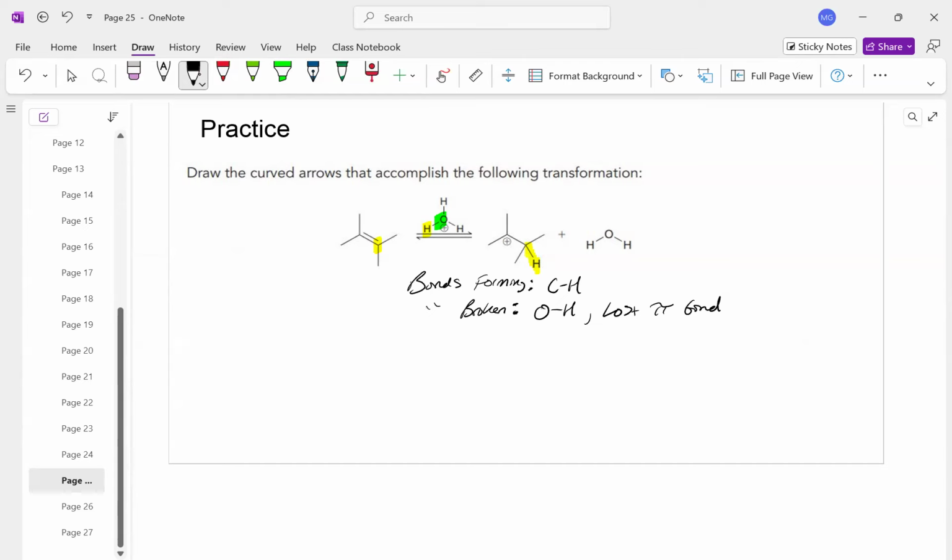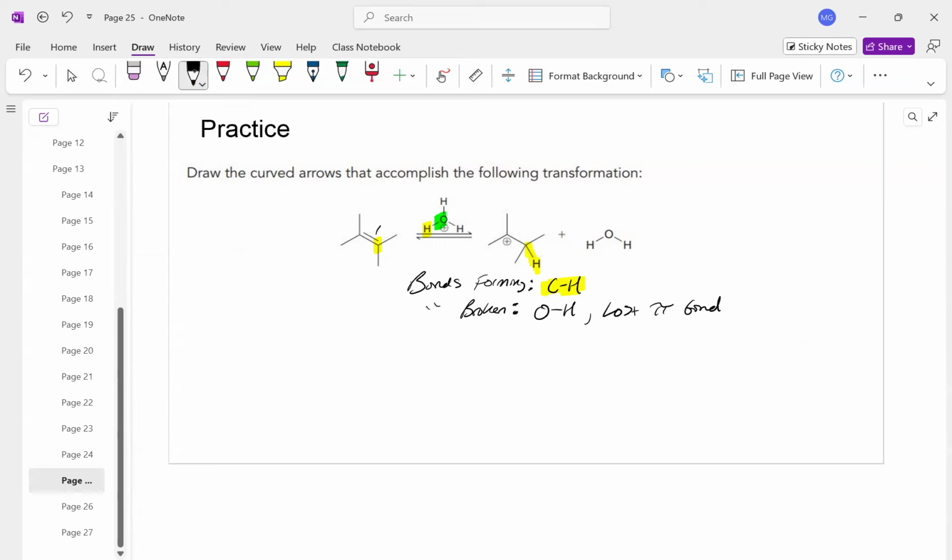Okay. So how am I going to address this? How am I going to form a bond between that carbon in yellow and that hydrogen in yellow? Well, because this carbon right here doesn't have any lone pairs on it, the only thing I can use is the pi bond.